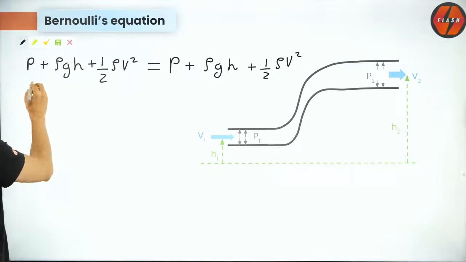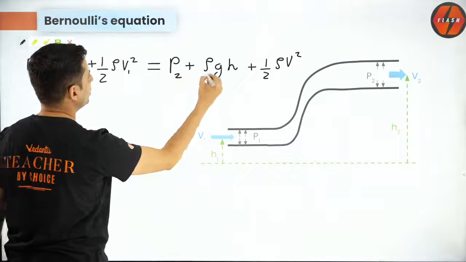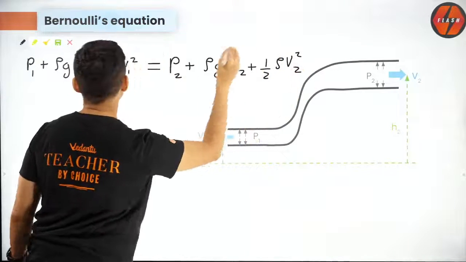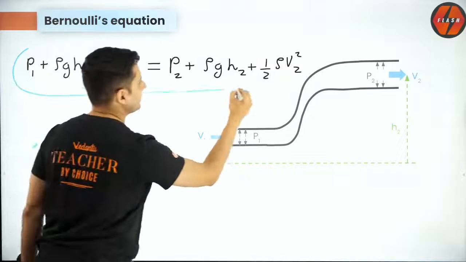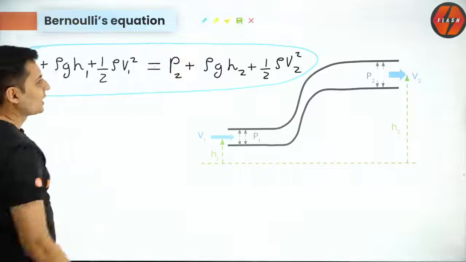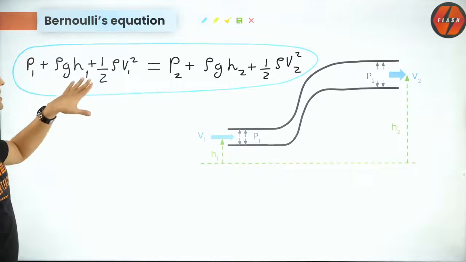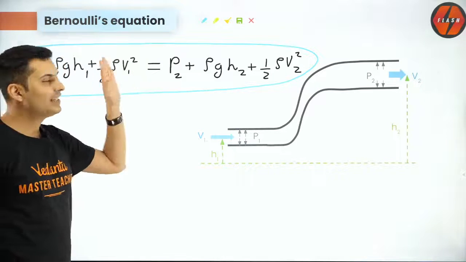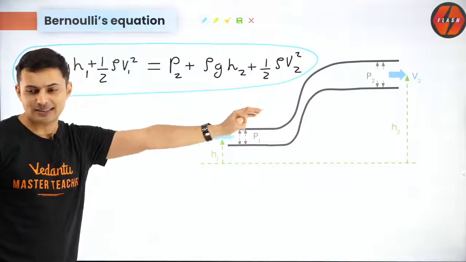Last thing, on the left side put 1, 1 and 1, on the right side put 2, 2 and 2. That is your Bernoulli's equation: P1 plus rho g h1 plus half rho v1 square equals P2 plus rho g h2 plus half rho v2 square. That's very easy to memorize.